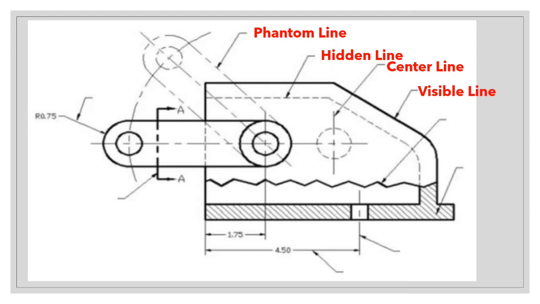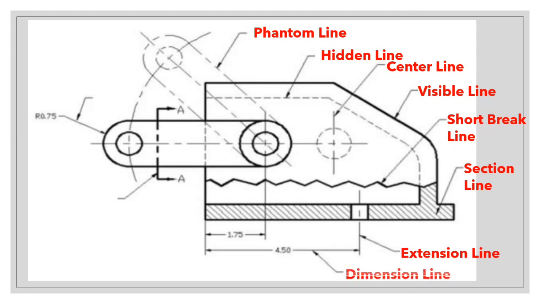Short break line, the short break line. Section line, our section line. Extension line, the extension line. Dimension line, the dimension line. Cutting plane line, and lastly, leader line, of course. Very good, you're doing great.